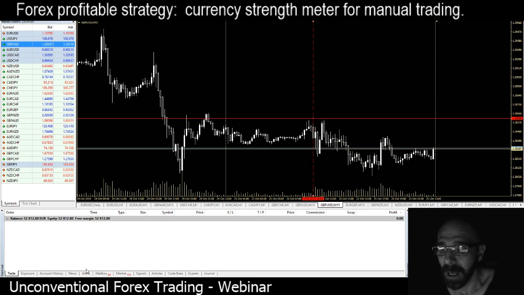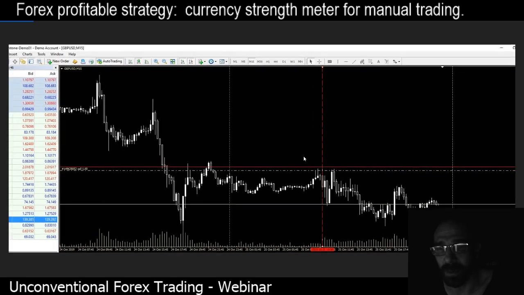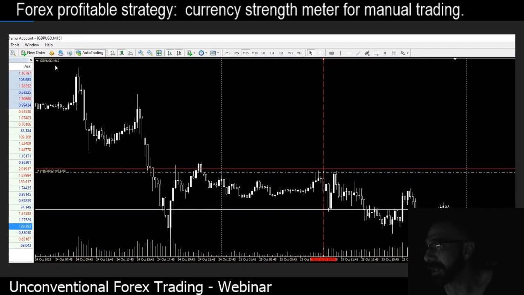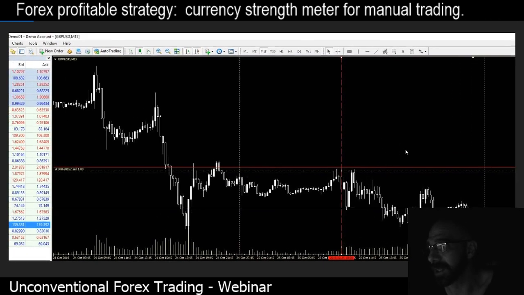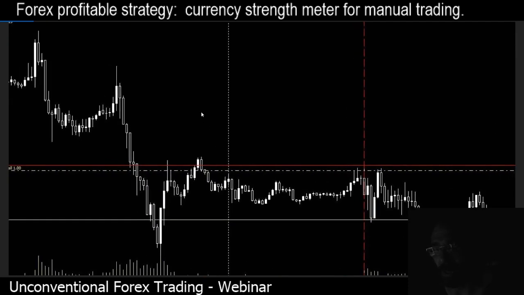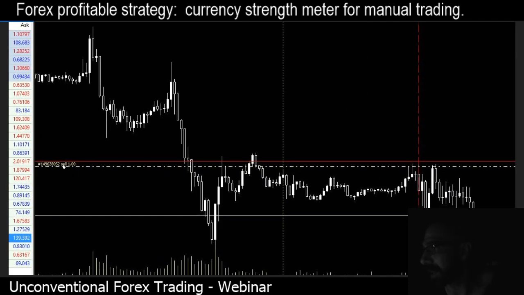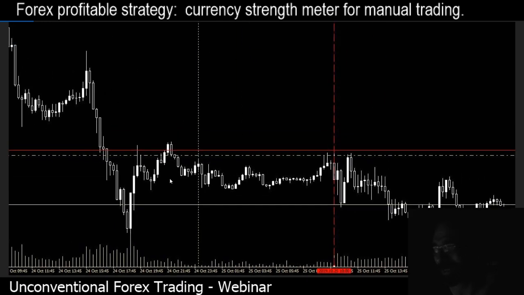Just to show you, this is the GBPUSD at 15 minutes, the chart that I was showing you. Also, this is a screenshot just to evidence. This is a sell order of one lot, and it's already a lot.